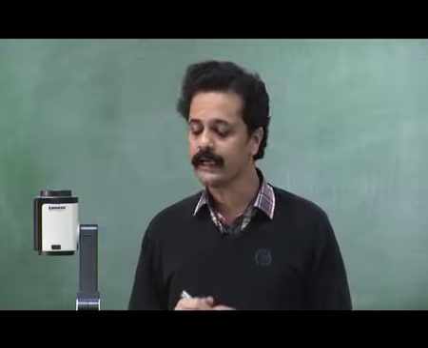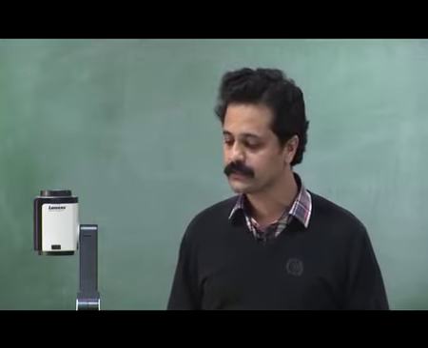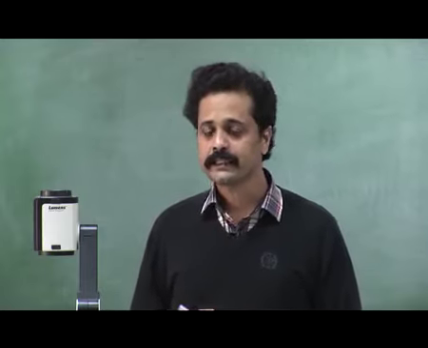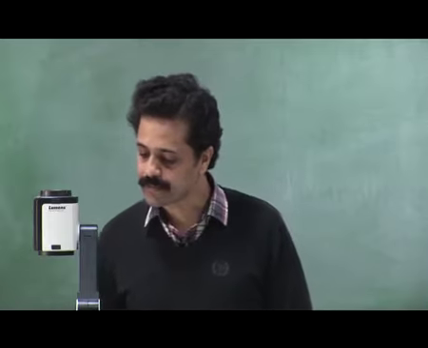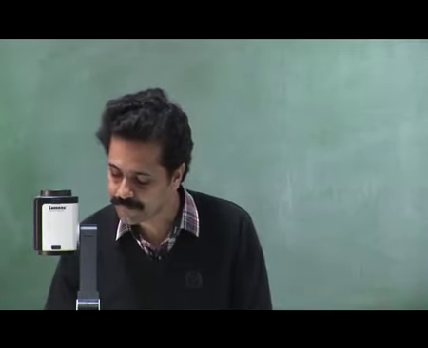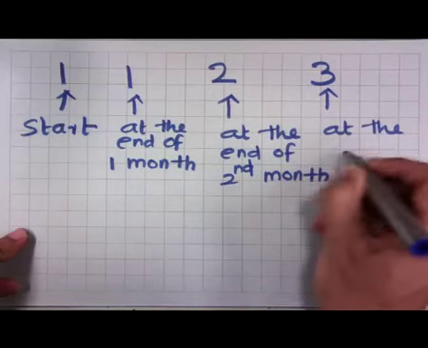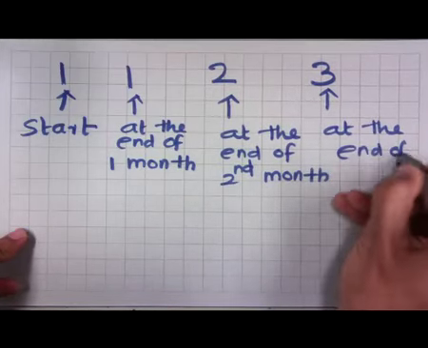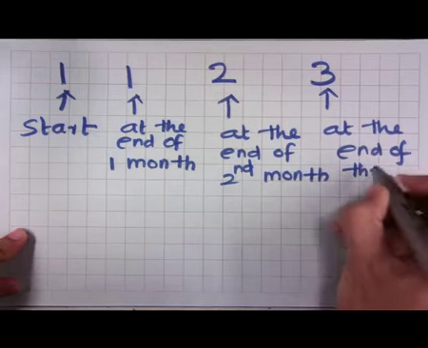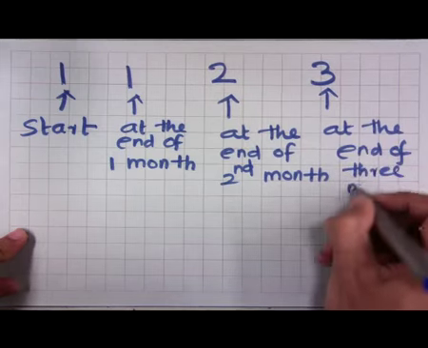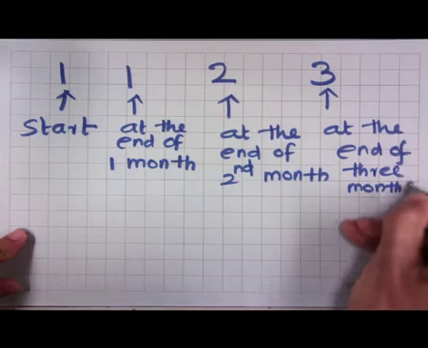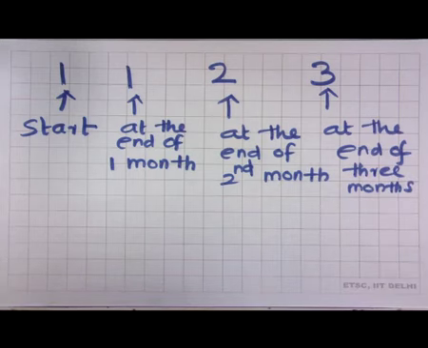So at the end of third month, there will be 3 pairs of rabbits. One pair newly produced by the original female that we put in the field.